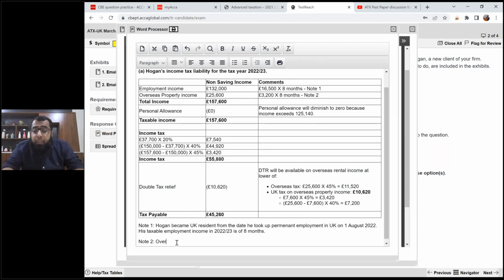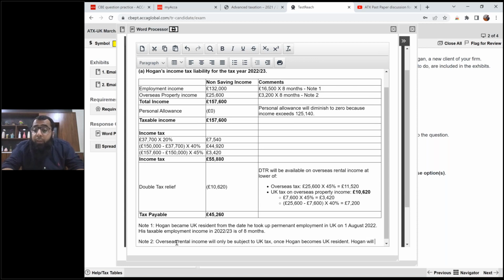Overseas rental income will only be subject to UK tax once Hogan becomes UK resident.